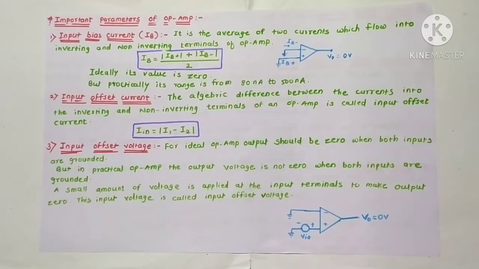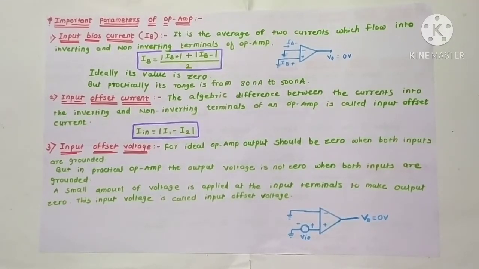Most manufacturers provide a circuit diagram, specifications, graphs and important parameters. So we have to know all these parameters before performing the practical or theoretical study of this operational amplifier.